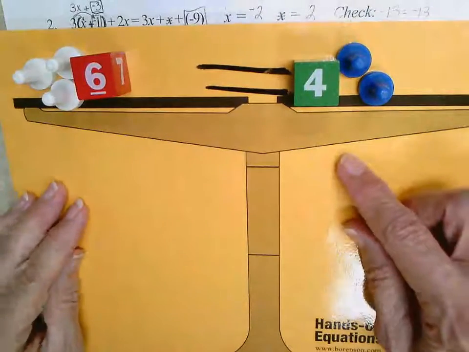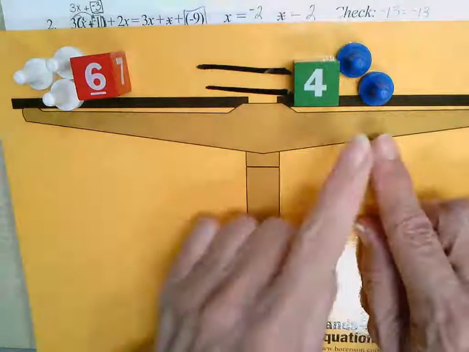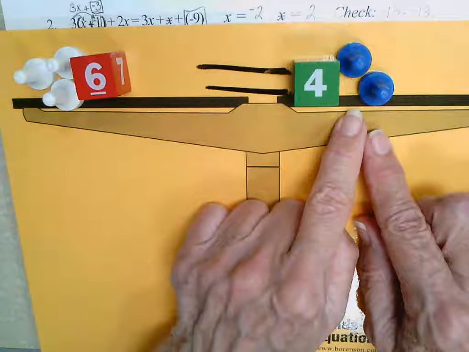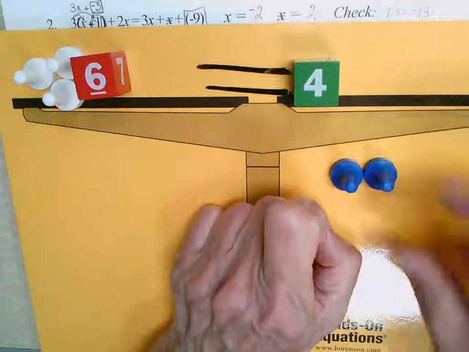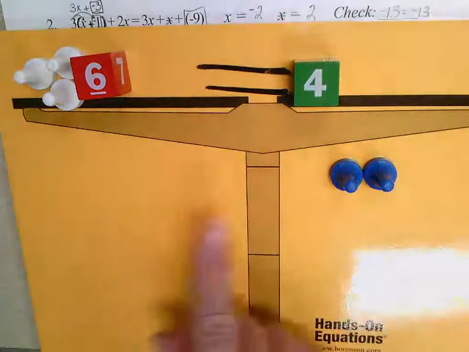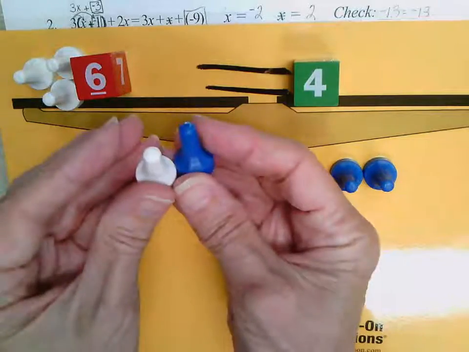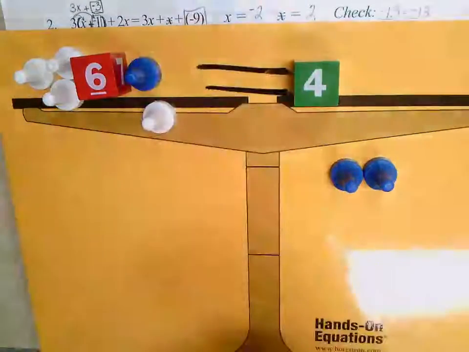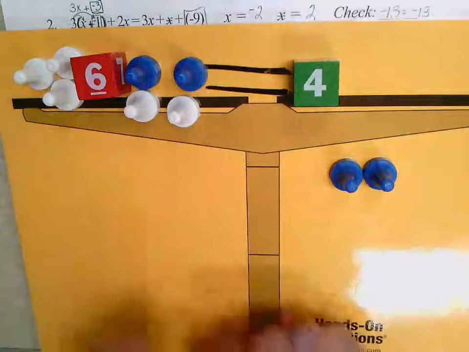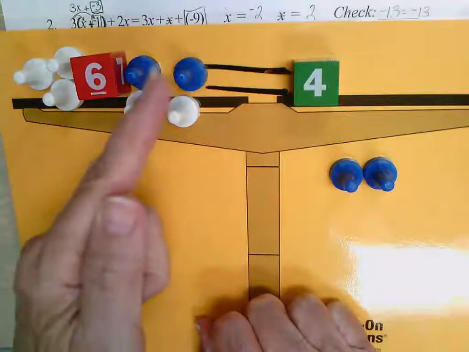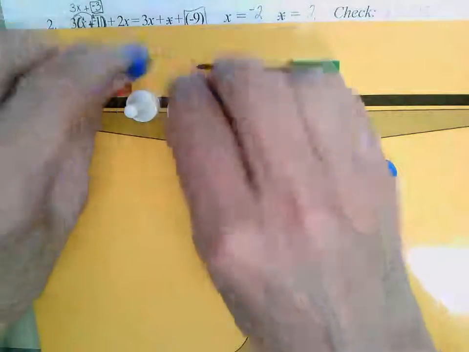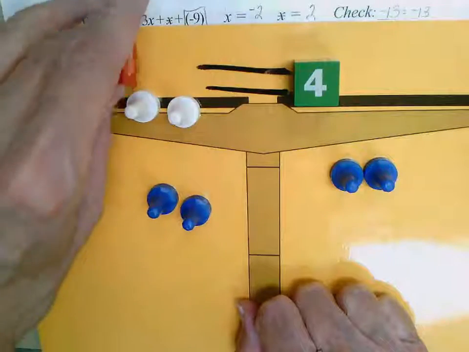Now, I have fewer pawns on this side, so I'm going to pull down these two blue ones. And if I pull down two blue on this side, I have to pull down two blue on this side. So I'm going to add one 0 pair and one more 0 pair because I need two blues to pull down. So now I'm pulling those down.